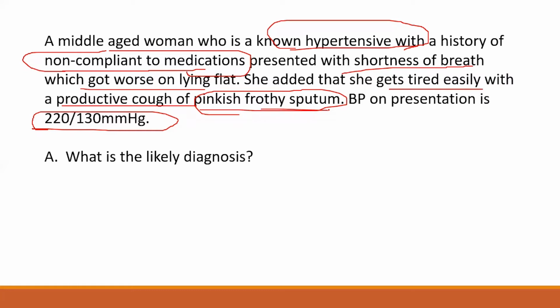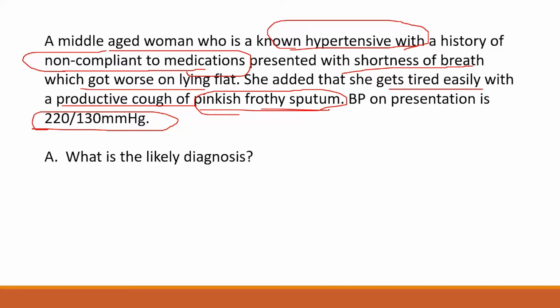As a result, everything starts accumulating and congesting inside the lungs. That is the reason why the likely diagnosis here is acute left ventricular failure, secondary to uncontrolled hypertension.